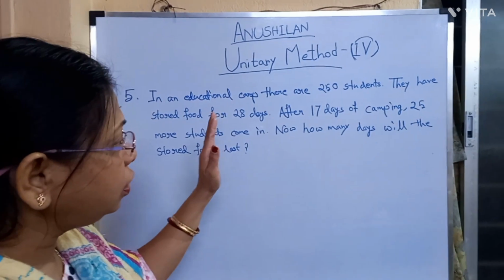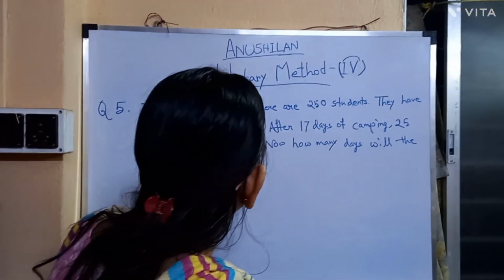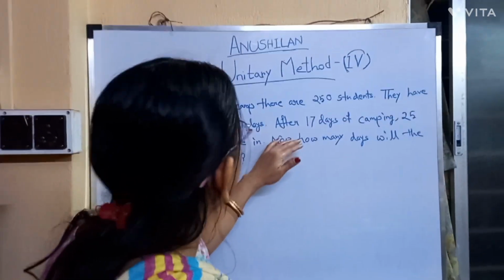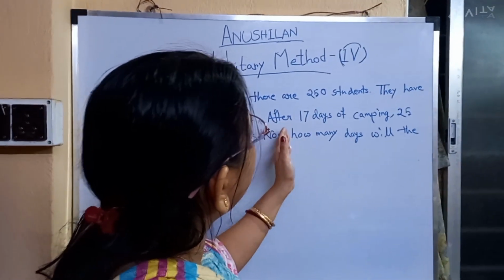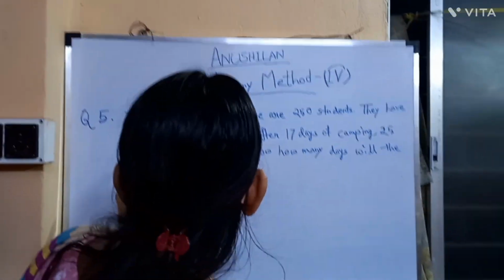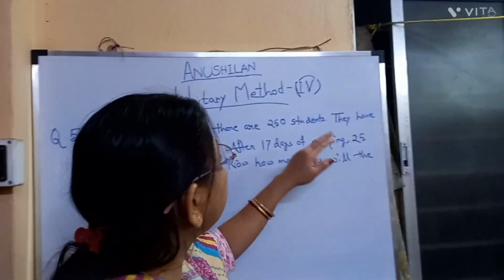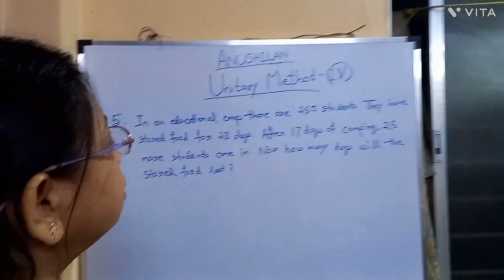Up to 17 days they have taken the food, and after 17 days the remaining 11 days, 25 more students, that is 250 plus 25 equal to 275 students feed.